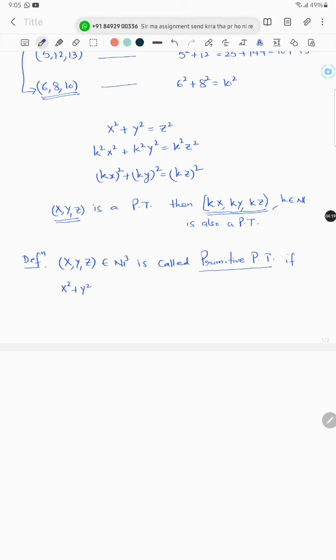That means x square plus y square is equal to z square, with the condition that GCD of x, y, z is equal to 1. That means there should be no common prime divisor of x, y and z.